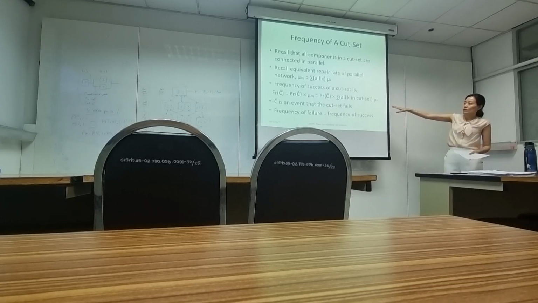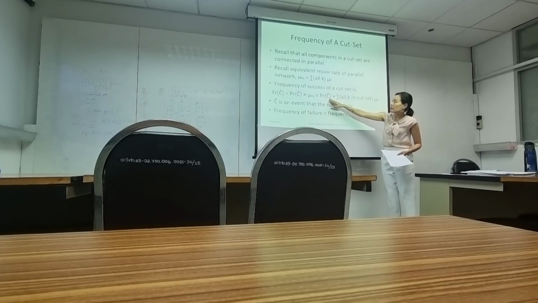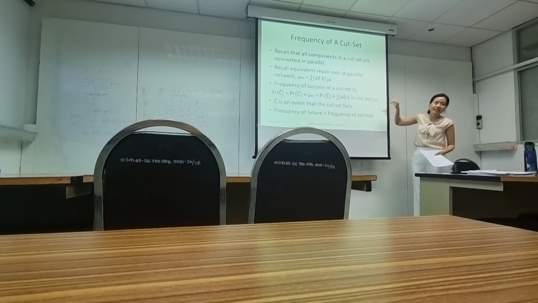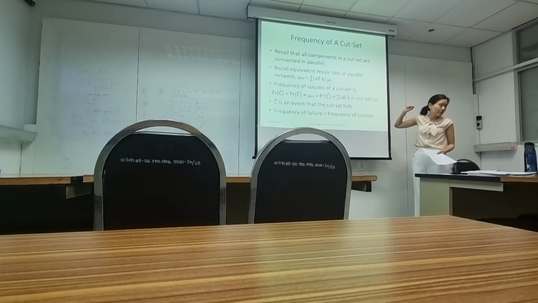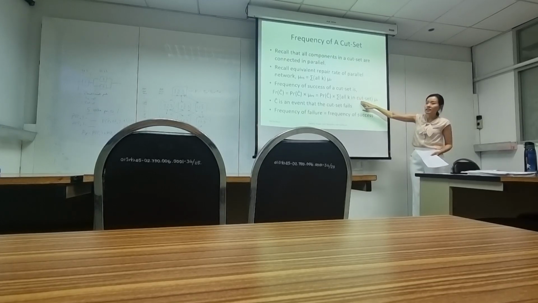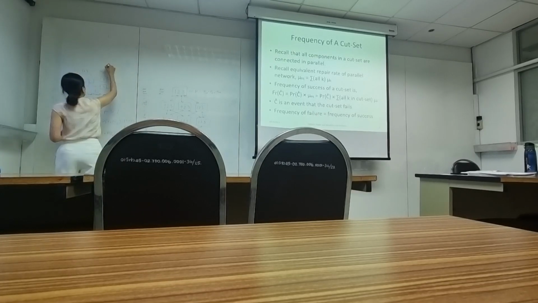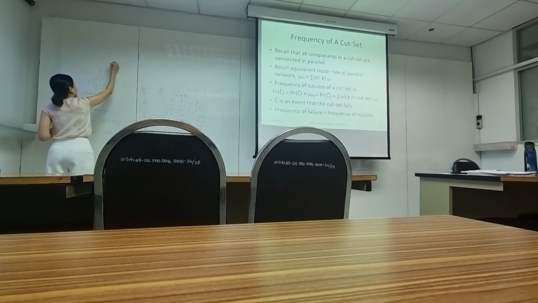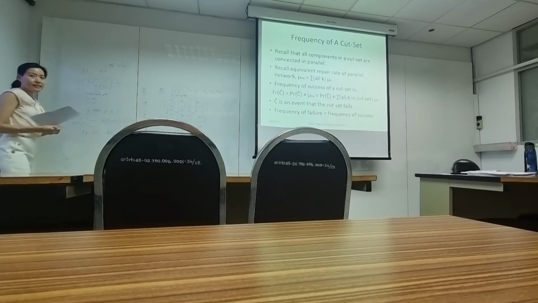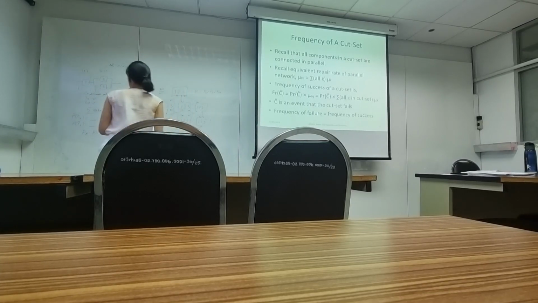So we can find the frequency, which is equal to the probability multiplied by the equivalent repair rate. In this case, this cut set has the equivalent repair rate equal to mu2 plus mu3, right? So you can calculate the frequency.